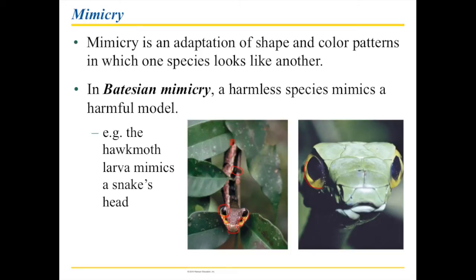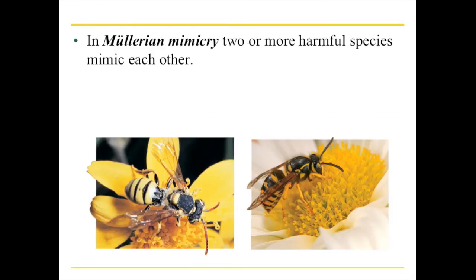But we're not done with mimicry, because we also have Mullerian mimicry. In Mullerian mimicry, the color pattern of one group also includes a warning for all the other ones that look like it.